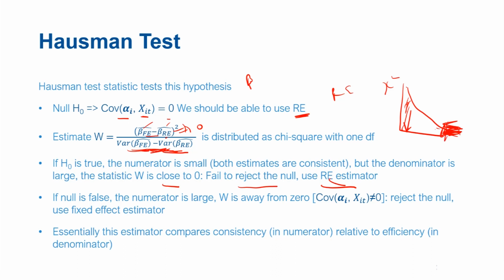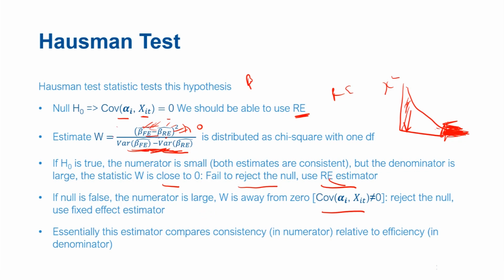We are able to reject the null hypothesis, which leads us to believe that this covariance is not 0, because that is the case when both of these will not be consistent. Fixed effect will anyway be consistent, random effect will not be consistent, and there will be a substantial gap between them. So when we reject the null, we assume there is a lot of gap between these two, and therefore not only is random effect not consistent, it is way further apart from the fixed effect. So we choose the fixed effect.